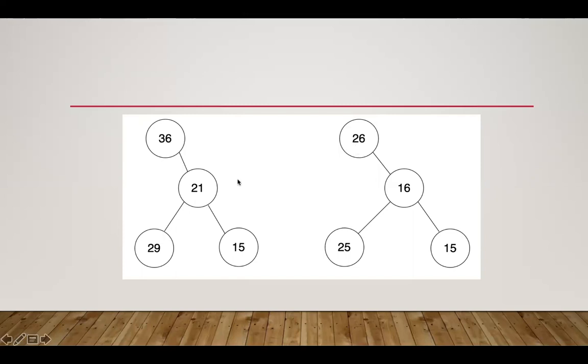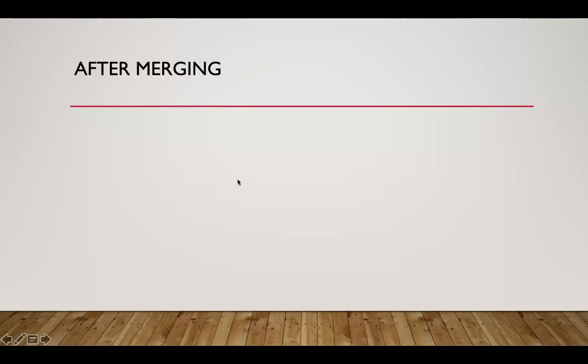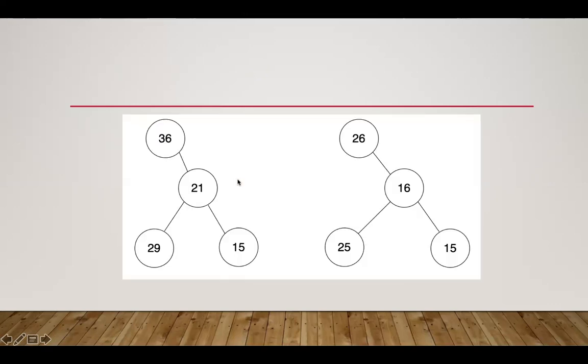And then we have subsequent nodes as well. Now, how do we merge it? So if we go back to the rule again, first we have to pick the largest of the root nodes here. And for that, we pick 36. So that would become the root node of the new merged heap.